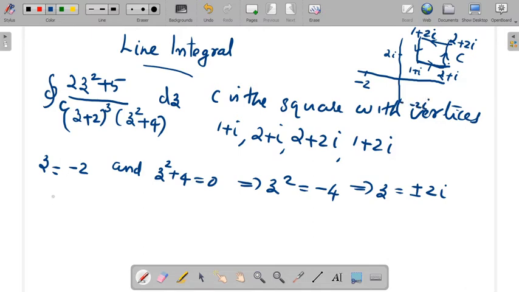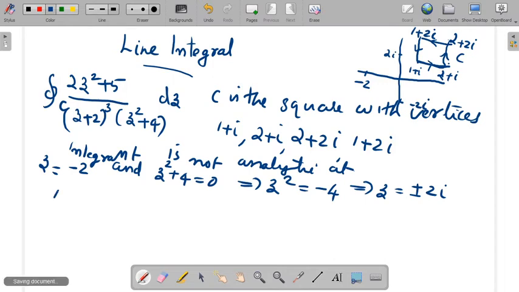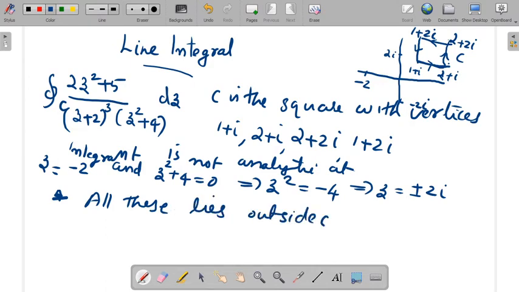So all these points, the integrand is not analytic at these points, and all these points lie outside C. Right?